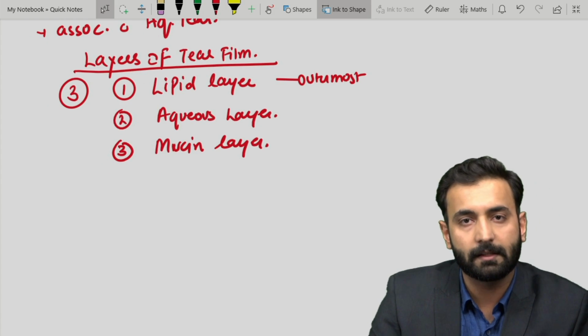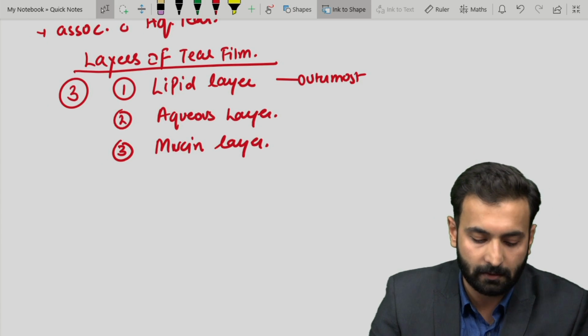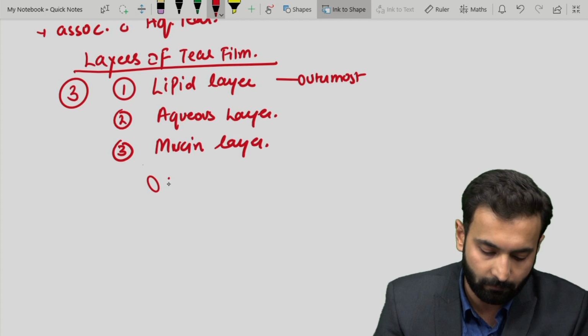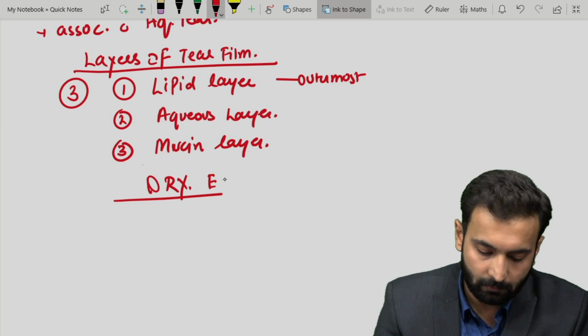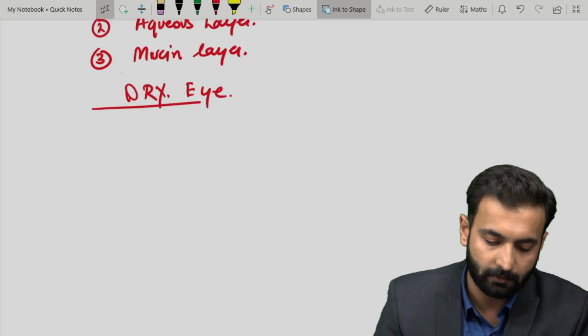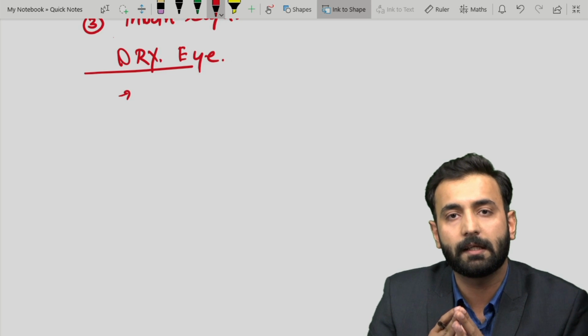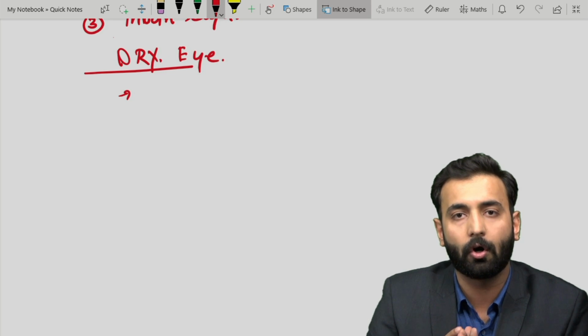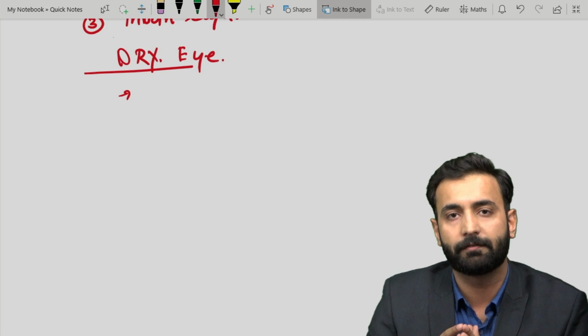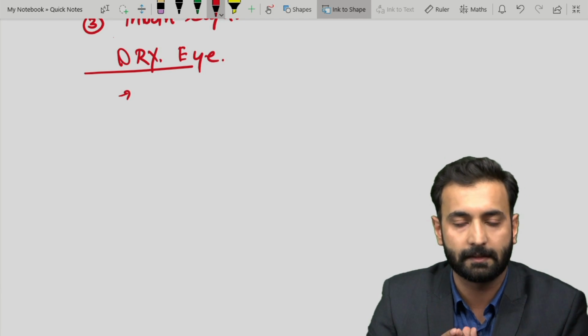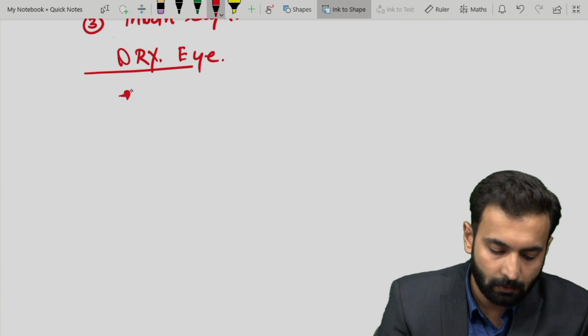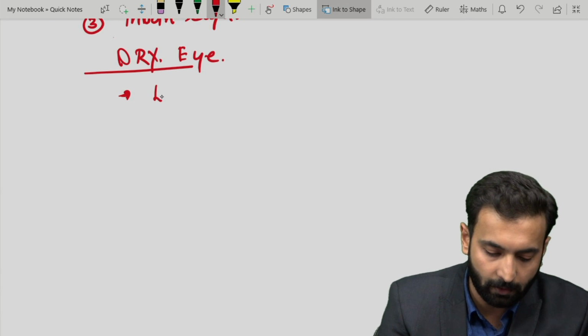After discussing the layers of tear film, let us discuss other terms in dry eye. So when does dry eye occur? Dry eye occurs when there is inadequate tear volume or inadequate tear function.